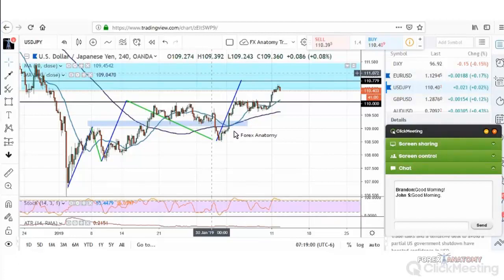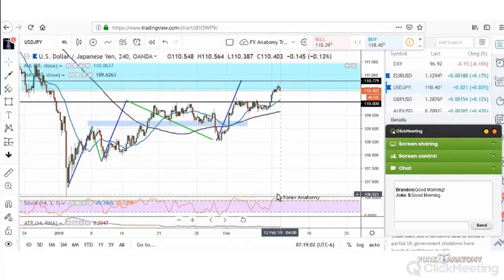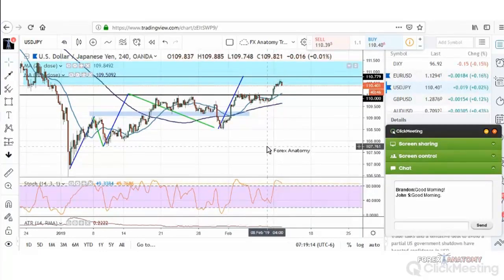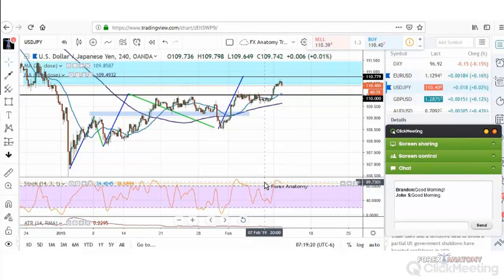And if you look at the stochastics, I know I haven't talked about the stochastics in a while. The stochastics is actually overbought. Let me drag this so you can see. Stochastic is in overbought territory. So then this could signal and hint a move to the downside. We don't want to fully rely on the stochastics or any oscillator at that, because of course, even when price is overbought and oversold, it could just mean that the buyers are more dominant, and we could see a continuation of that trend to the upside.